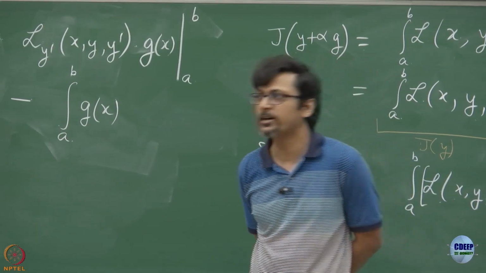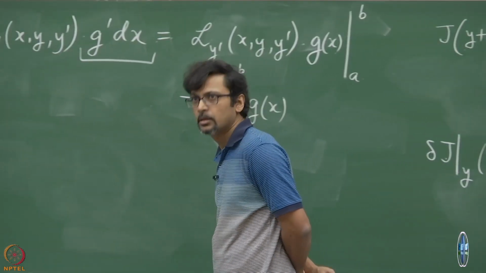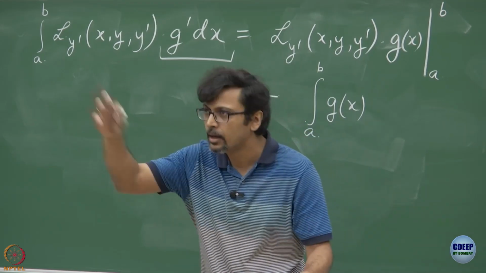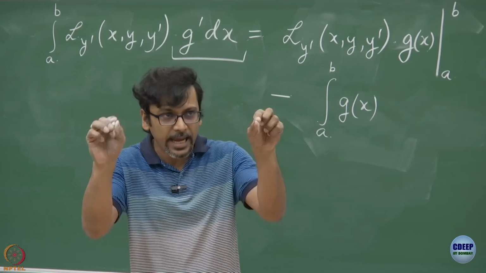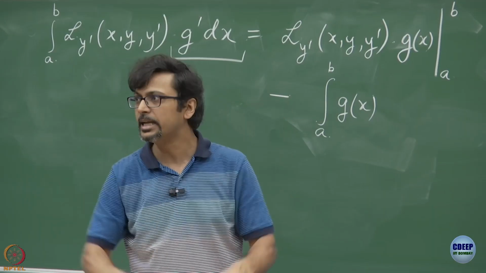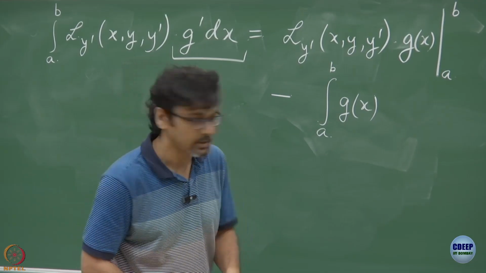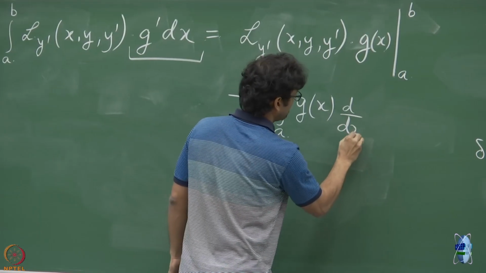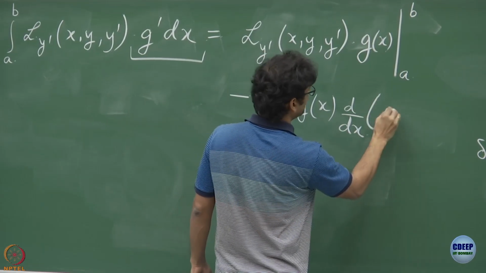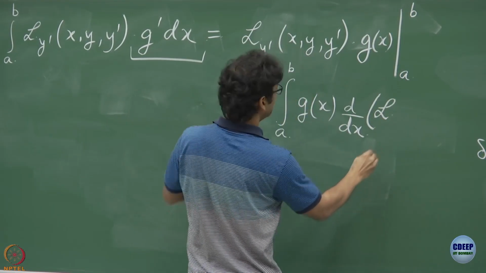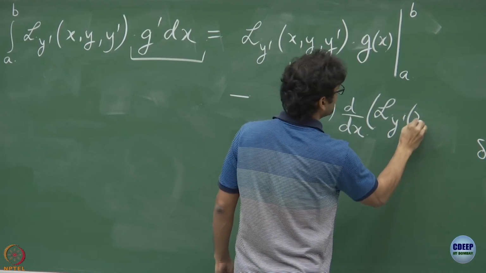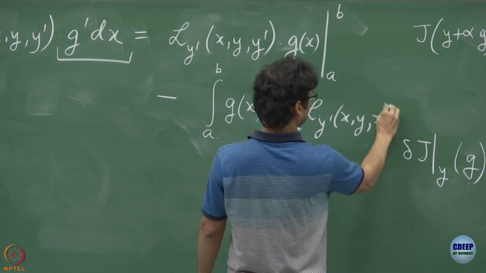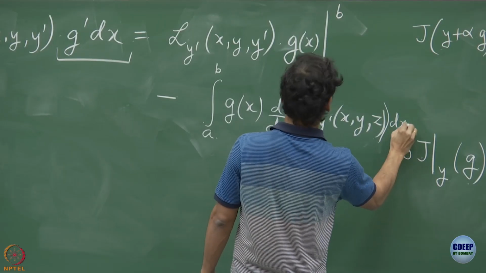Otherwise, y plus alpha g will not even be a legitimate curve that meets the terminal constraints. It can do anything whatsoever in between a and b, but at a and b it must be tied at the ends. Yeah. What about the remaining term? This is d/dx of L_y prime of x, y, y prime, dx.